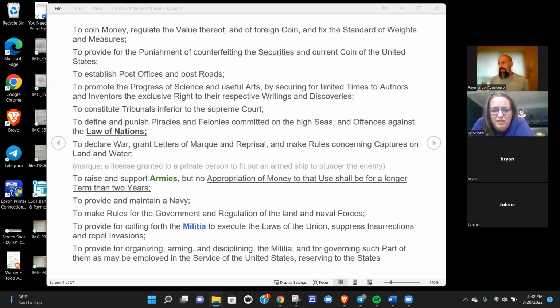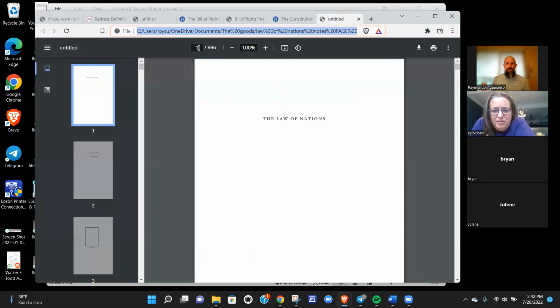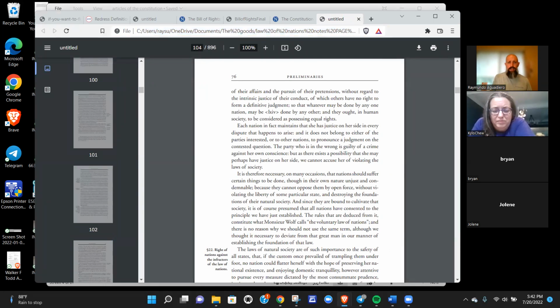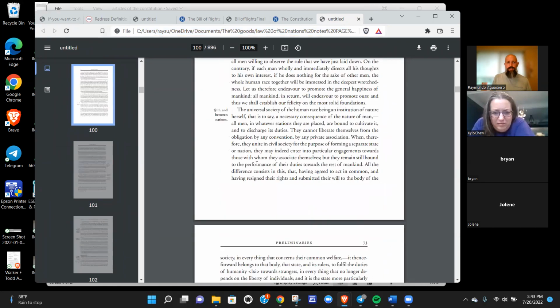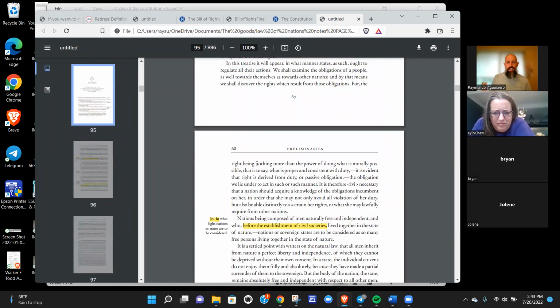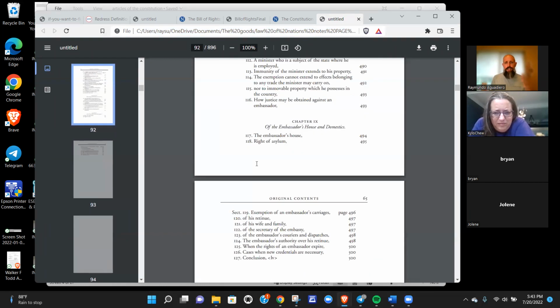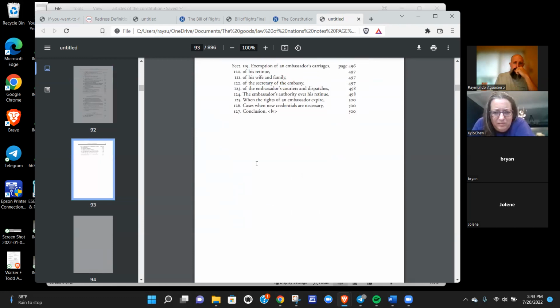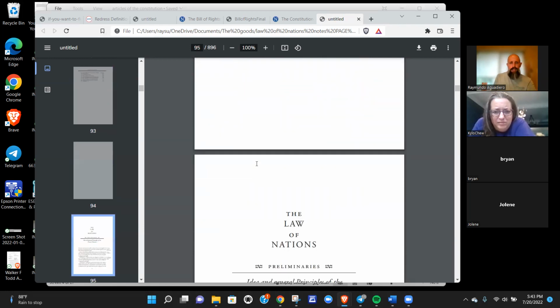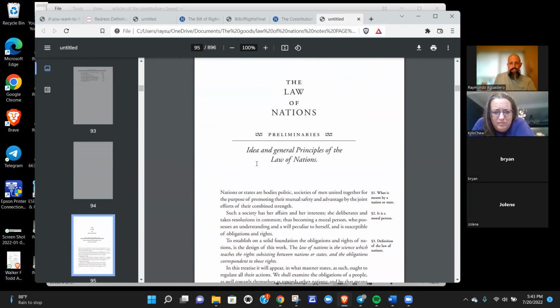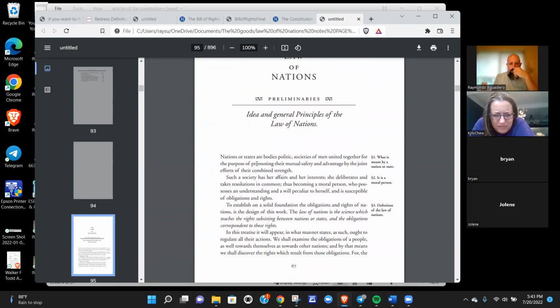I'm going to go to page like 104, I think. No, that was too far. Oh, it's the preliminaries. There's a ton of junk in the beginning. If you guys want this, it's a huge document. I can put it on Telegram for you. Again, the Law of Nations was written in 1797.